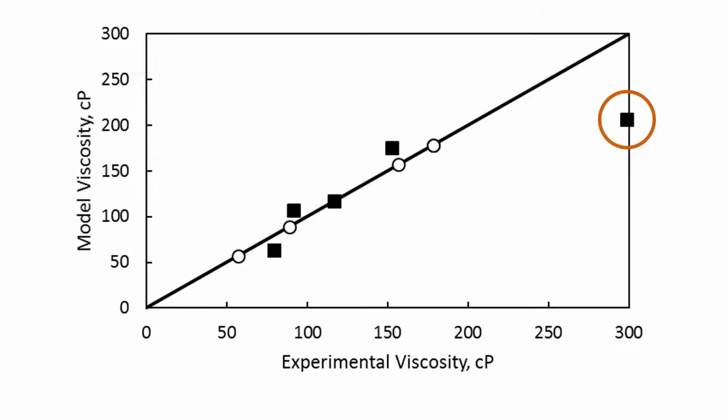So this tells us that when we're using statistical models, we can be confident that our model will predict the data well within the range of conditions from which the model was developed. But if we go outside that range, then we might have some difficulty extrapolating that model to conditions that are outside our test range.